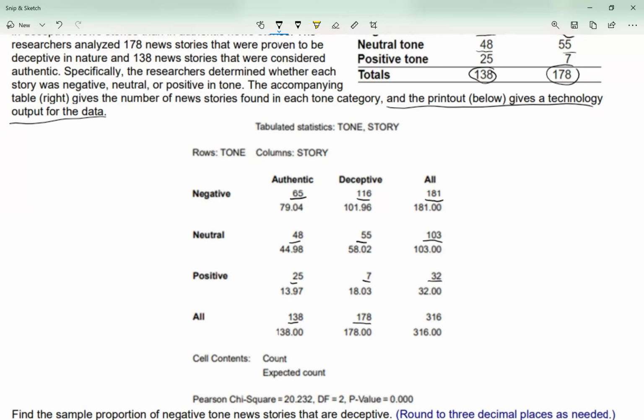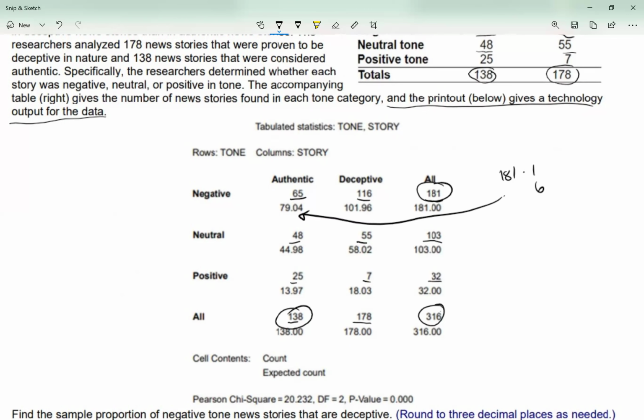Now, some of you might be wondering, what are these numbers at the bottom? We worked this last week. If you go 181 times 138, divided by the whole total, which is 316, that's going to give me this value. Pretty cool, huh?